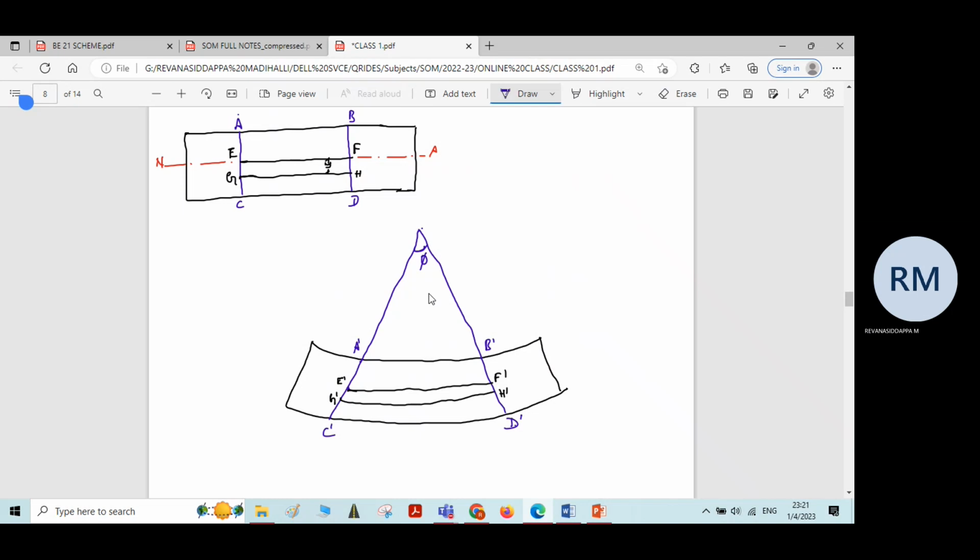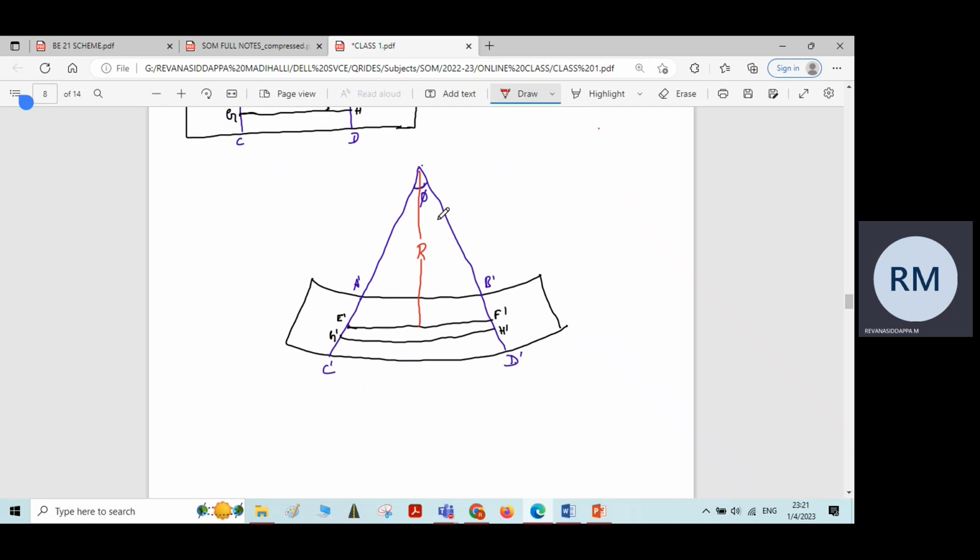Now let us assume R as the radius of curvature of the layer E dash F dash, which is taken along the neutral axis.